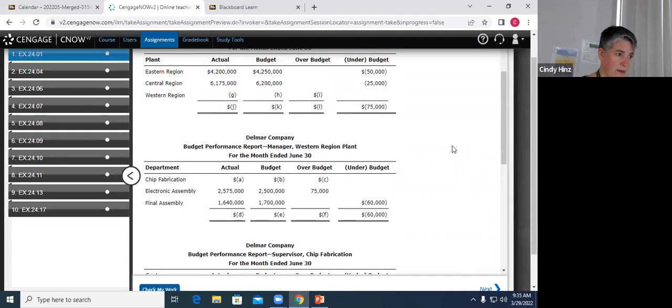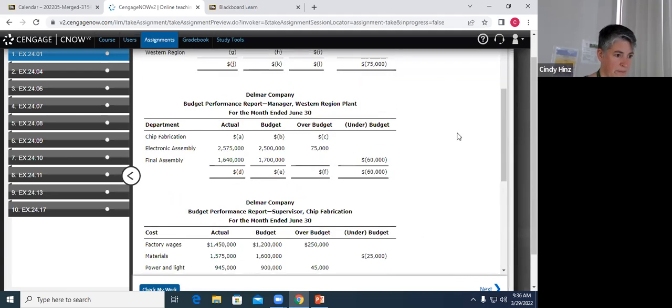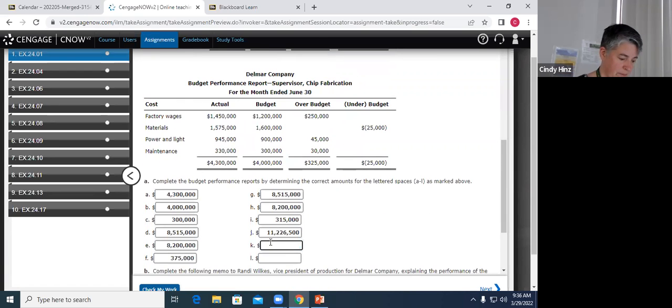And then we're going to add together the three numbers in the budget column. Yeah, I have a mistake in that one.